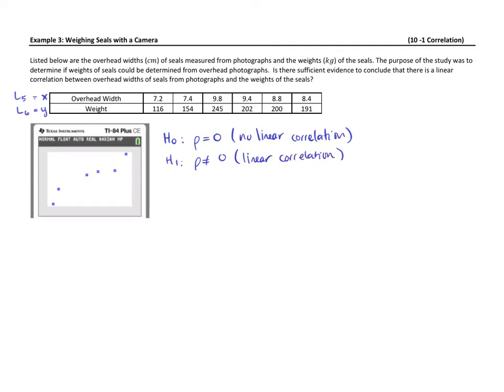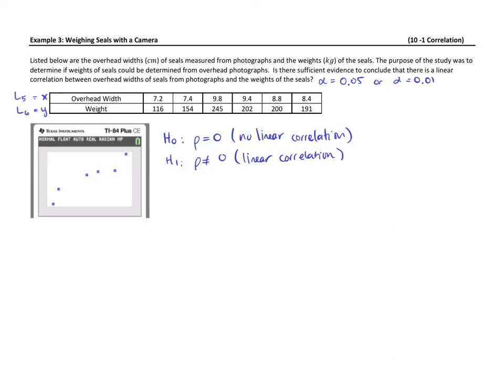All right, so let's see here. Notice that in this problem, it doesn't give us a significance level. So if it doesn't give us a significance level, you can test using 0.05 or 0.01. These are the common significance levels that are used in hypothesis testing.